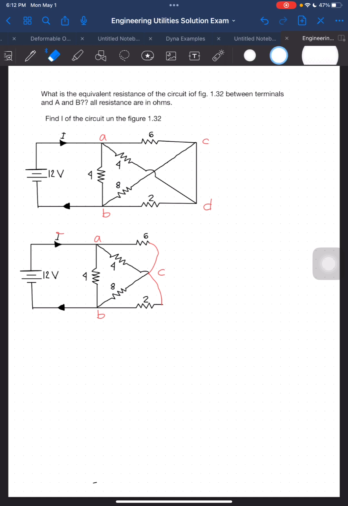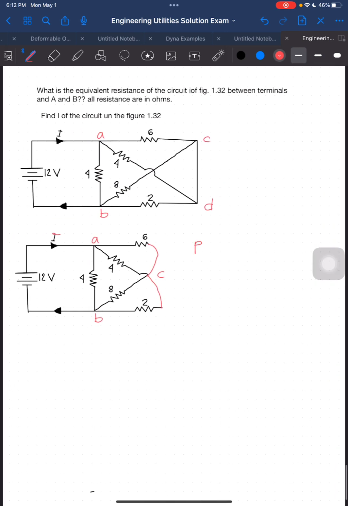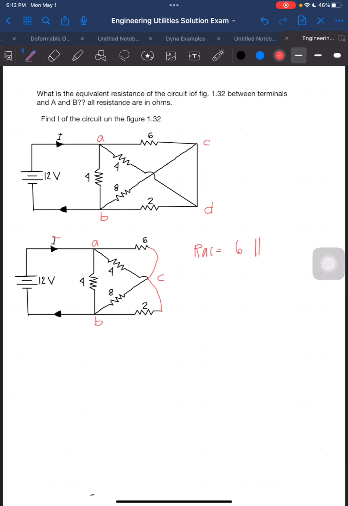Next, kwentahin na natin yung RAC. Resistance at AC is equal to, ito yung AC. 6, nakaparallel siya sa 4.